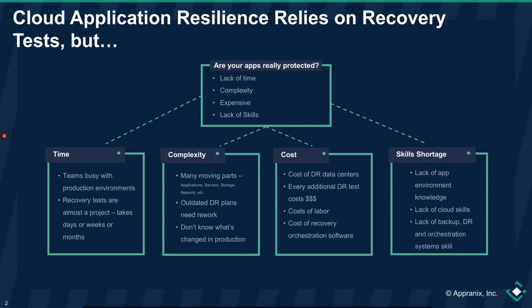Skills shortage. Lack of application environment knowledge itself is a big problem, especially with distributed applications, because it's very difficult to understand what the moving parts in an application are, and how this particular set of microservices comes up when they are recovered in the case of a failure.